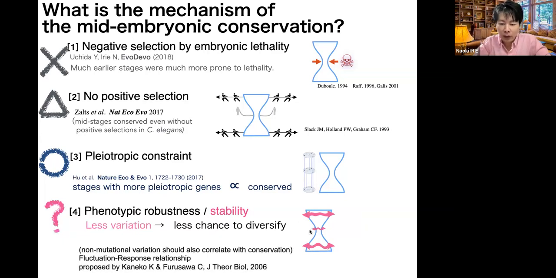The idea was that when a certain developmental stage is stable, meaning it keeps the same phenotype without mutations or environmental fluctuations or perturbations, stable against random internal noise, theoretical studies predicted that this stability correlates with evolutionary conservation.